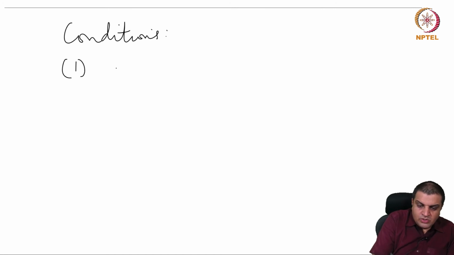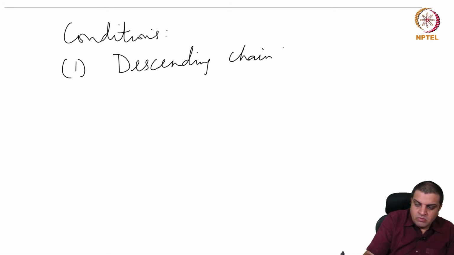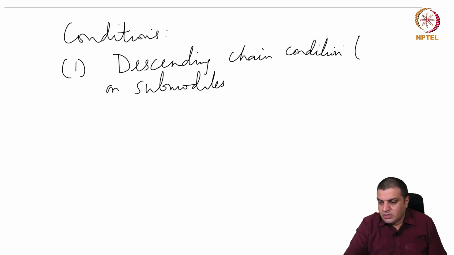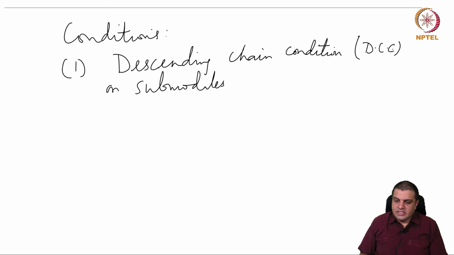One, what is called the descending chain condition on submodules, abbreviated as DCC.